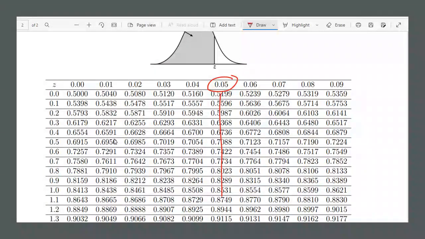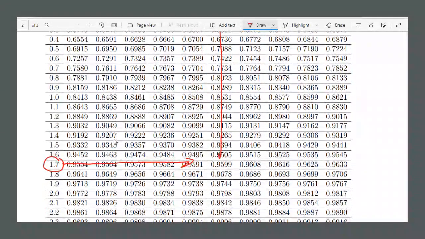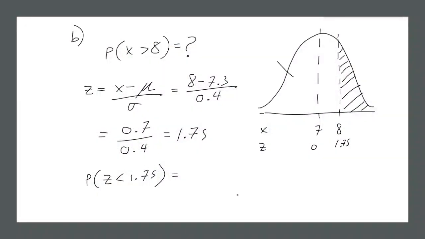So that's the column there. And we have 0.9599. That's this not shaded area here.